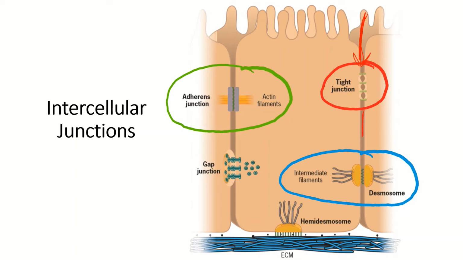So it's sort of like there are staples in between the cells that prevent, say, extracellular fluid from going through this tight junction. Then we have gap junctions, whose functions are basically for communication between cells. You can see here they're composed of sort of pores that connect the cells together.